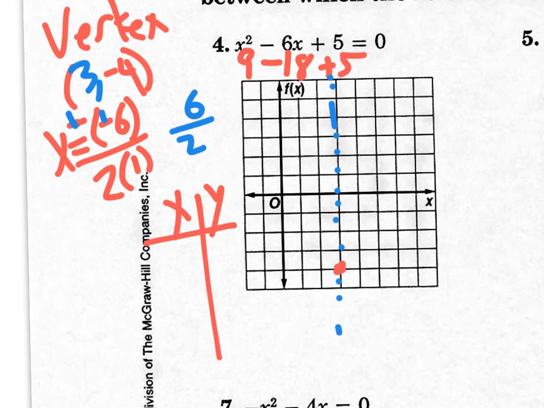So 1 over 1 up, that'll give you this coordinate. If I go 2 over 1, 2 from the vertex, 4 up, 1, 2, 3, 4, you'll be on the x-axis right there. And you could map it over to the other side. Map both coordinates over to the other side. And now you have your perfect parabola going right through those coordinates.